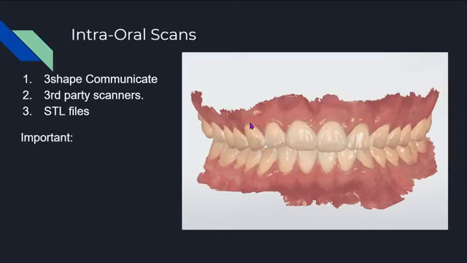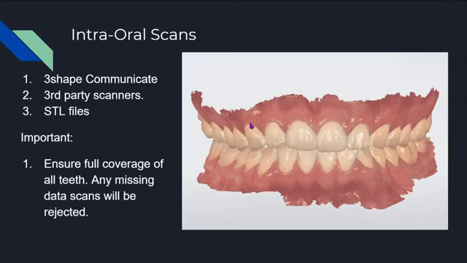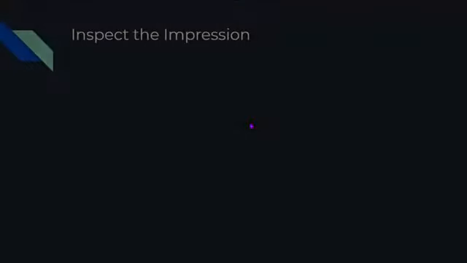It is also important to ensure full coverage of all the teeth. If there's any missing data, scans may be rejected. So you want to capture as much of the dentition as possible, and make sure that you capture the sulcus area as well. These are all important things.